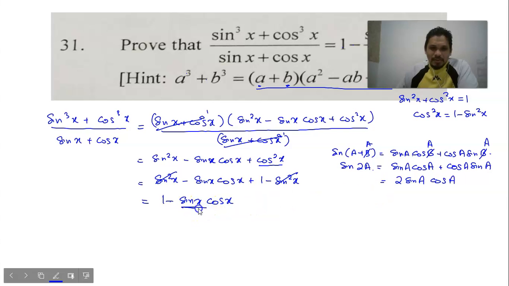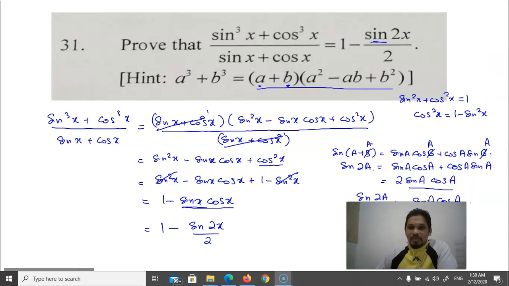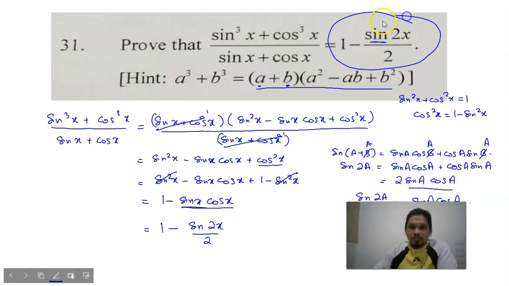Sine x cos x, then sine A cos A. Meaning here, divide by 2 left and right, sine 2A divided by 2 equals sine A cos A. Meaning sine x cos x equals sine 2x divided by 2. Let's compare with this one here now. It's already here, right? So this is your final answer.